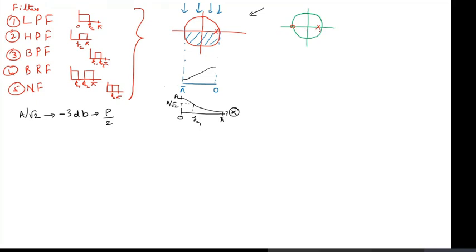So we have to be careful while placing the poles, that poles cannot be put either on the unit circle or outside the unit circle. However, zeros can be placed anywhere.